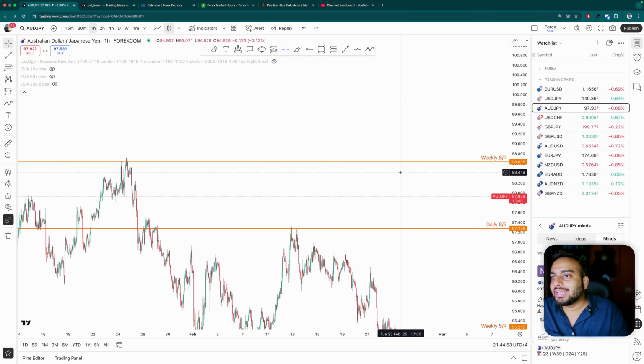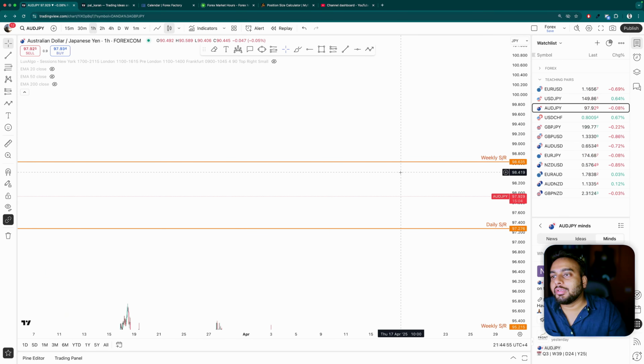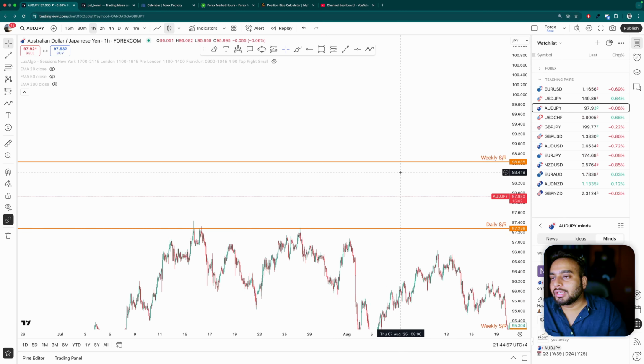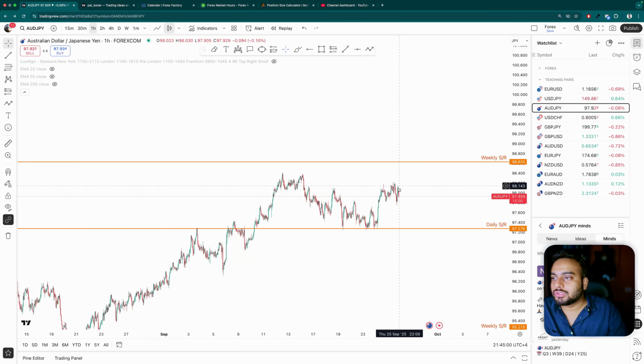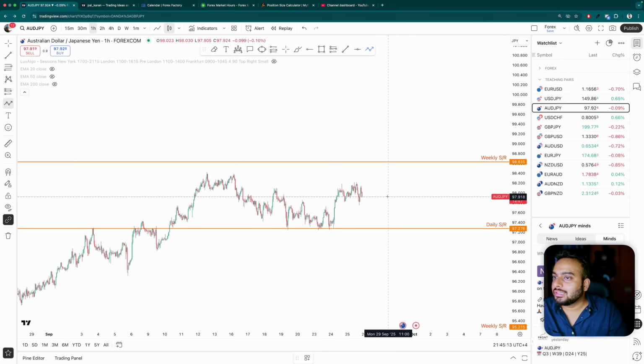But if the price action is making structures, which would be nice when coming up, and you want to enter a short position, you would look for a 1 hour structure change right here to continue down. I hope that's clear. If you want to enter a trade, you want to see a price action where the 1 hour time frame is creating structures like this, like this, like this.